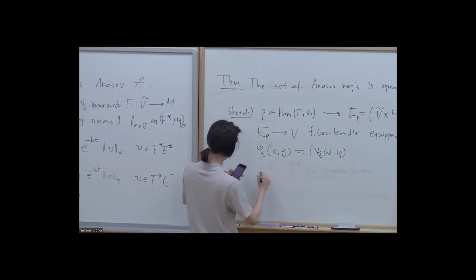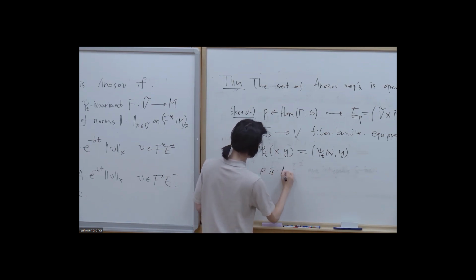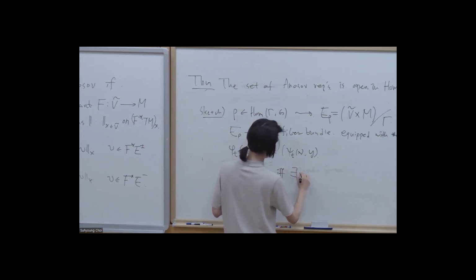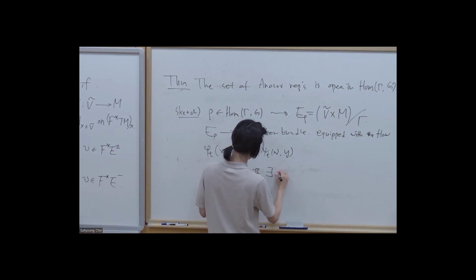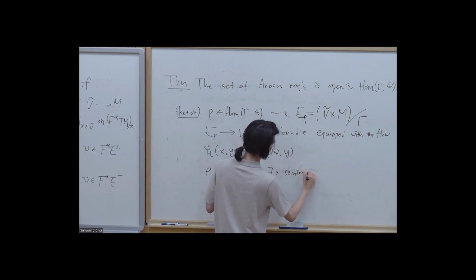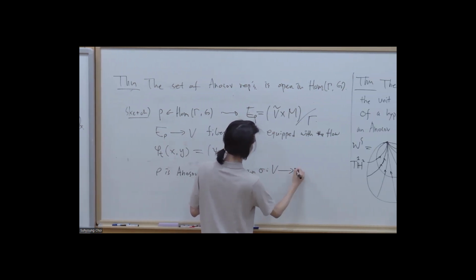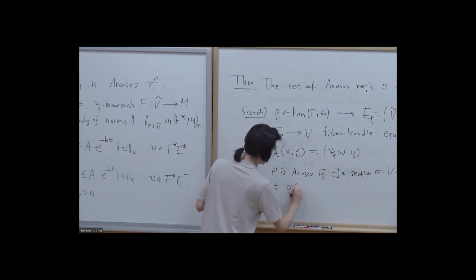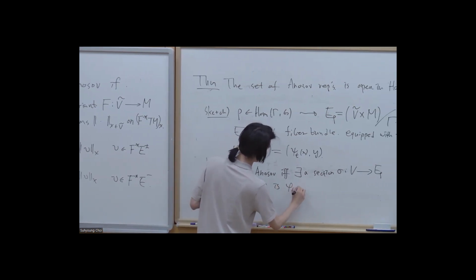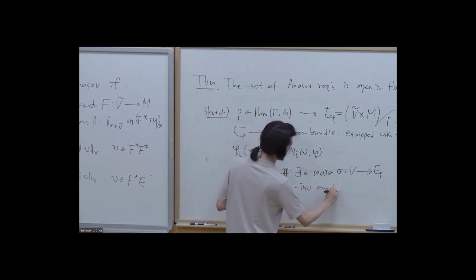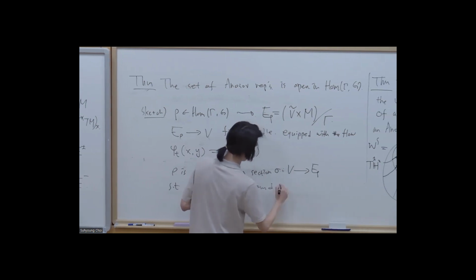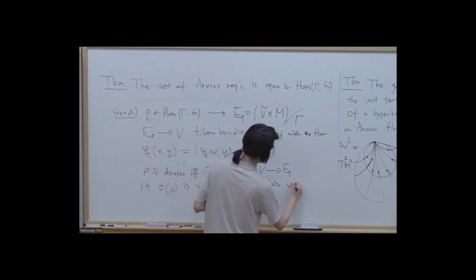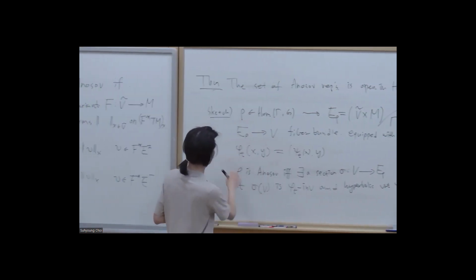And in this setting, we say that rho is Anosov if and only if there exists a section sigma from the base to the total space such that the image of this section is a phi t invariant set and it's a hyperbolic set with respect to the flow given here.